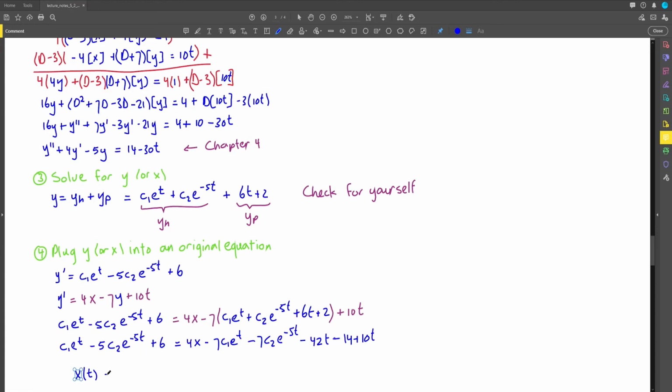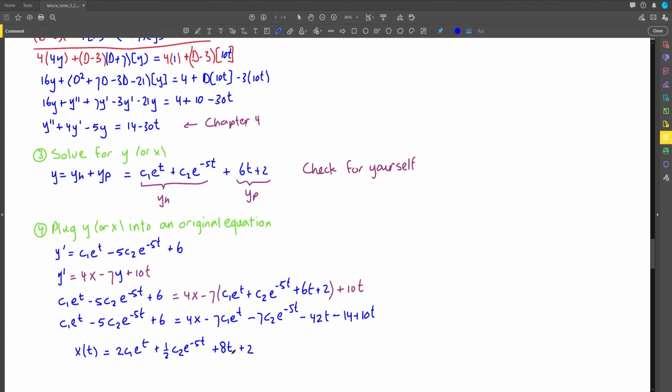And check this for yourself, that you get x of t equals 2c1 e to the power t plus 1/2 c2 e to the power negative 5t plus 8t plus 5. Sorry, the last part is plus 5.